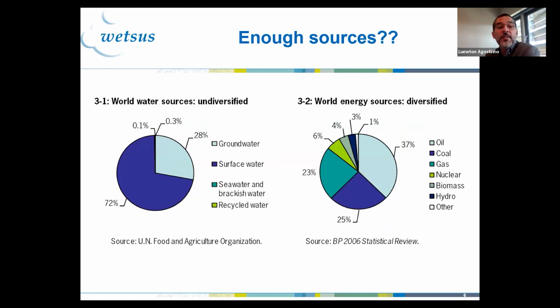Seawater has been increasing quite a lot, but compared to the volume that we have from groundwater and surface water, it is not comparable. So we have to move away from this bimodal source and adopt a little bit more like we have in the energy demand. We have to diversify our sources and find other ways to supply water.